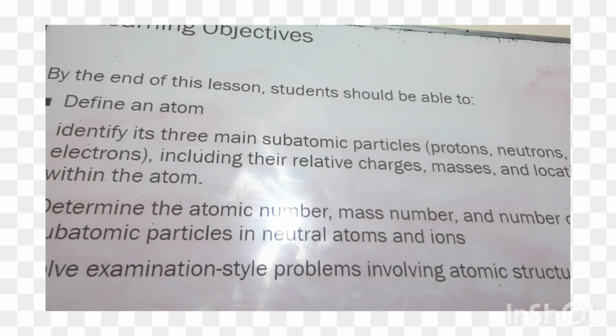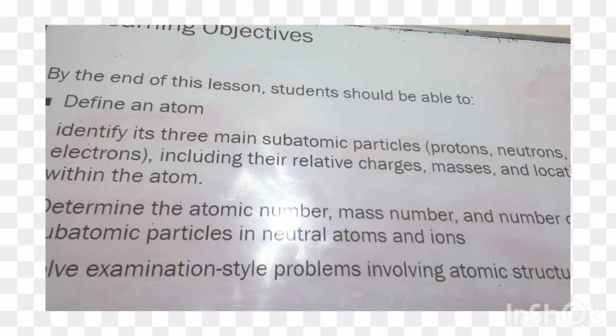By the end of this lesson, students should be able to, 1, define an atom, 2, identify its 3 main subatomic particles. In other words, the student should be able to identify the protons, neutrons, and electrons, including their relative charges, masses, and locations within the atom.